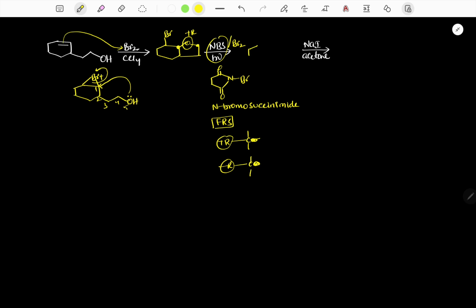So among these two we get two types of radical. One radical like this, and another radical like this.